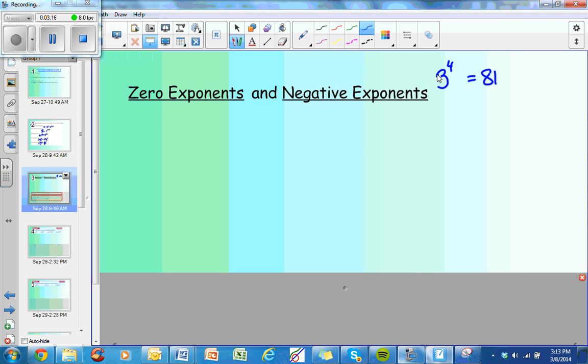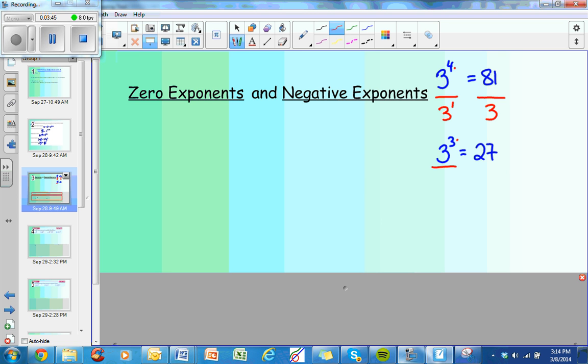Now if I were to divide this by 3, in other words, divide it by 3 to the first, I would subtract my exponents right here to get 3 to the third. And that's going to equal 27. Notice we've gone from the 3 to the fourth to 3 to the third.